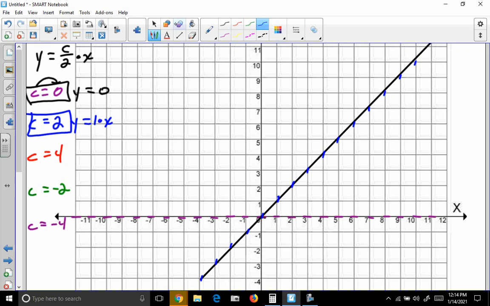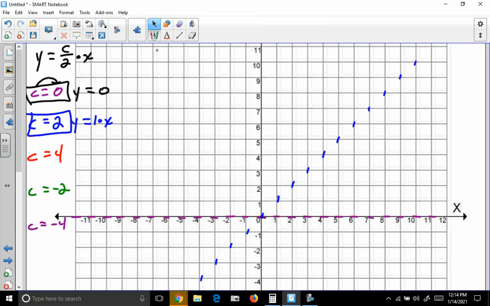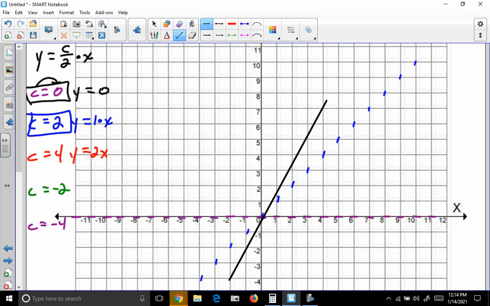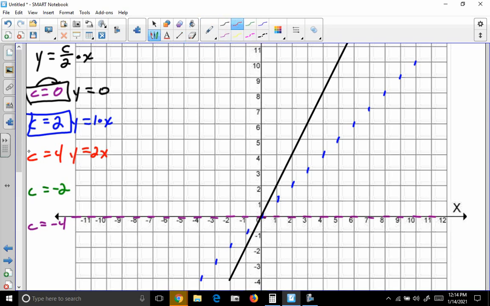Now 4. So let's delete this. And now let's let C be 4. So when C is 4, the equation of our isocline is 2x. If we graph that line, that isocline is here. On that isocline, our slopes are 4.